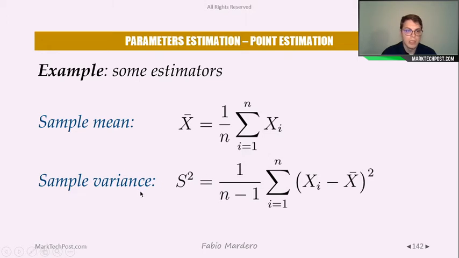The sample variance is also a statistic, in which the sample mean is a given. As you can see, the sample variance could seem like a sample mean, a type of mean, since the variance is the expected value of the square of x minus the expected value of x. Here that's kind of the same, but we have not 1 over n, but 1 over n minus 1. We will see in a little bit why.